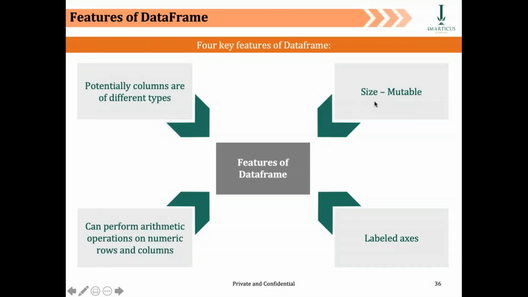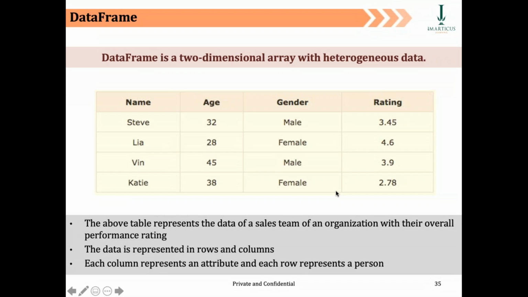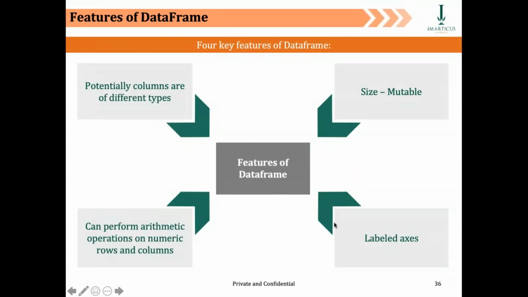Now the size is mutable. You could increase the size of it. You can also perform arithmetic operations on numeric rows and columns. That means here, for example, in this case, summing the ages will not make much sense, but you can find out the average rating. Similarly, you can find out the average age also. And then there is label access.